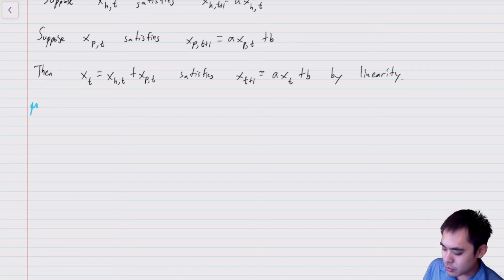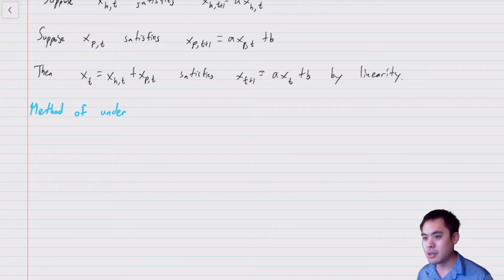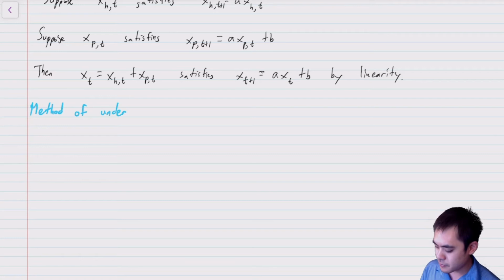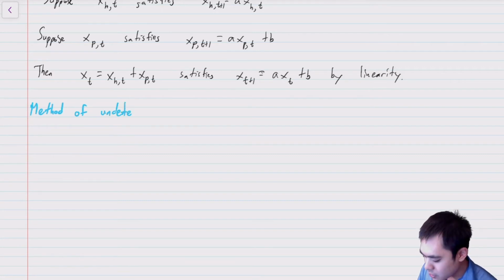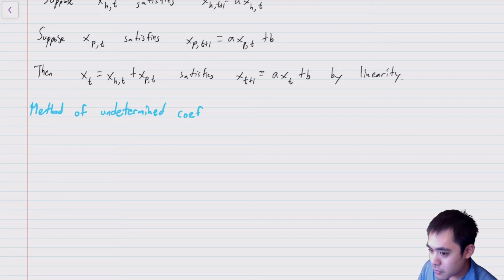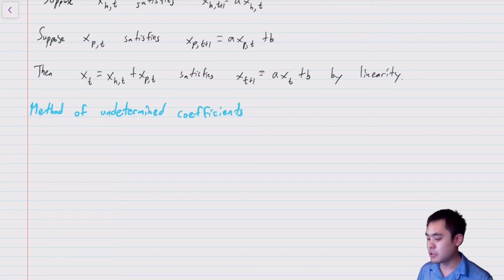This is what we call the method of undetermined coefficients, which you should also recall from differential equations, since we did something almost identical to solve differential equations with linear coefficients. Method of undetermined coefficients.